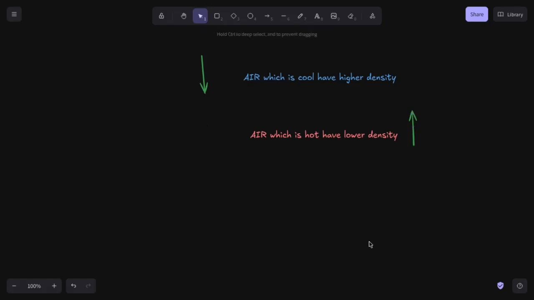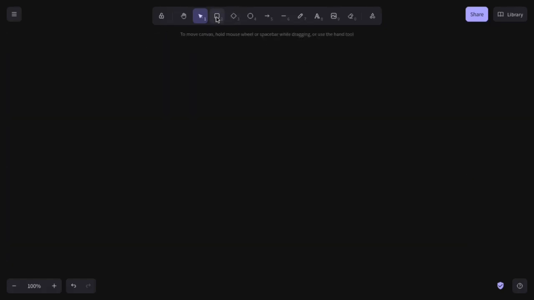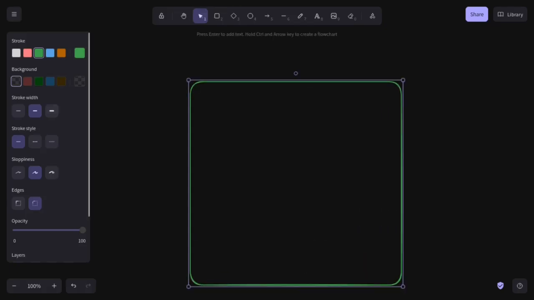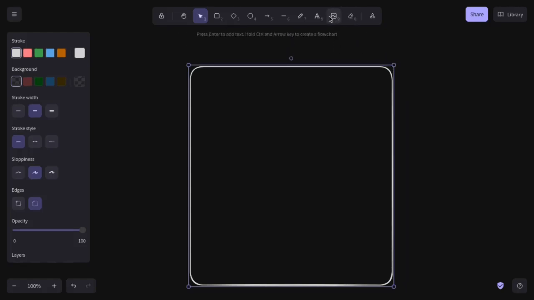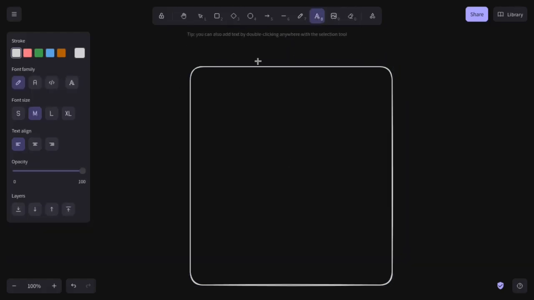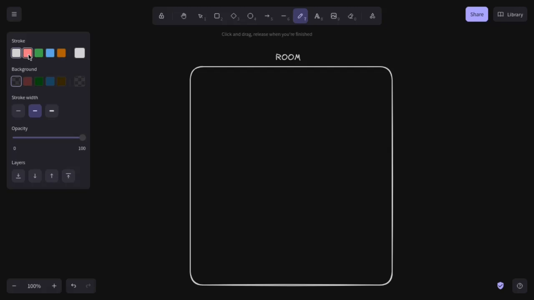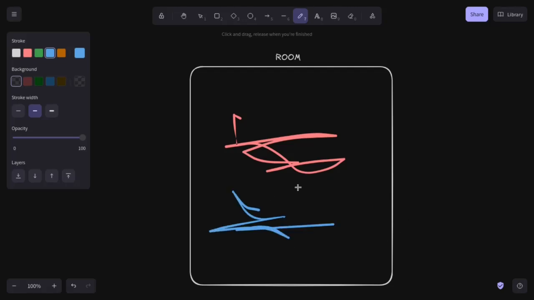So let's consider a case. Let's suppose this is a room, and in this room we have both hot air and cool air, all filled out.